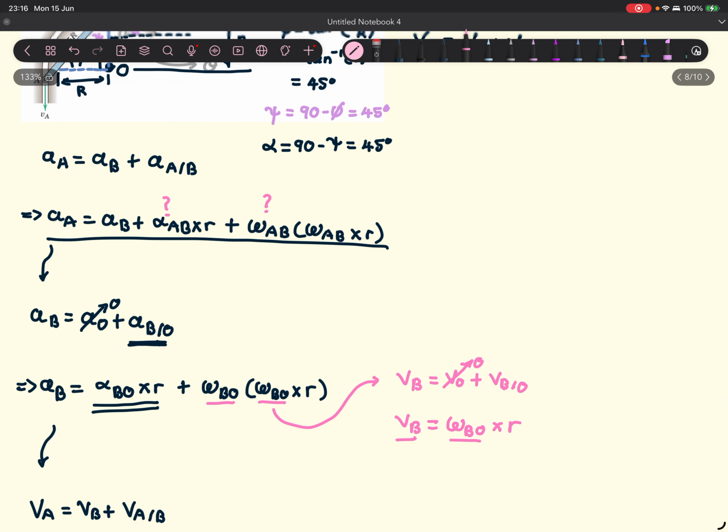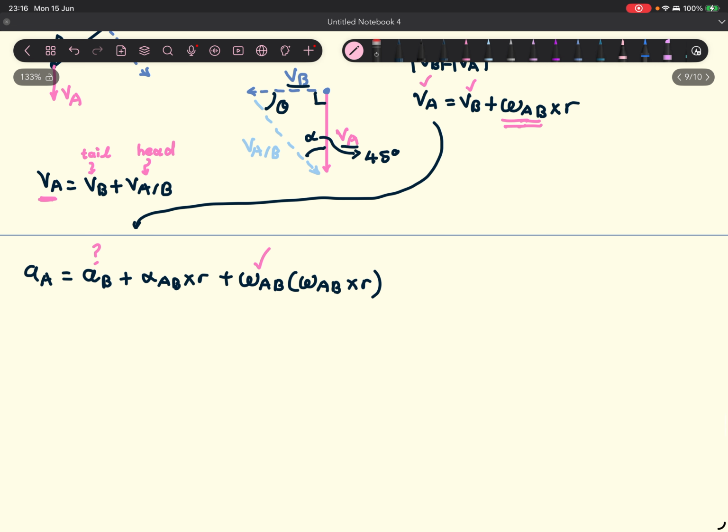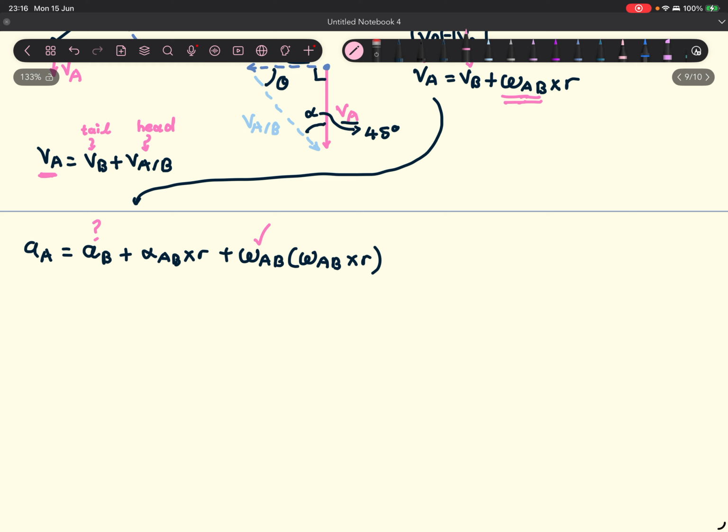We can solve for the acceleration of A. Well, we're told that the velocity of A, right? So if A has a downward velocity of 1.2 meters per second and this motion is constant over a small time interval, so that tells us that the acceleration of A is actually 0, right?